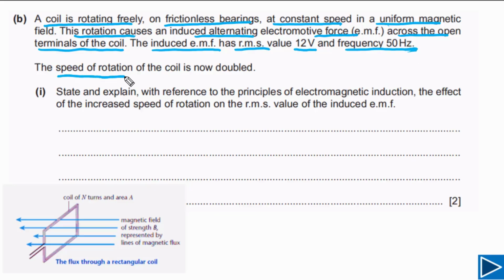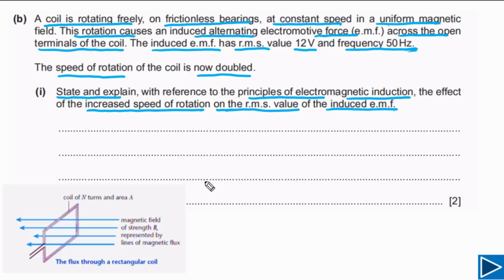The speed of rotation of the coil is now double. We have to state and explain, with reference to the principle of electromagnetic induction, the effect of increased speed of rotation on the RMS value of induced EMF.